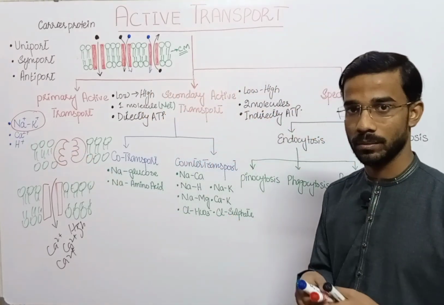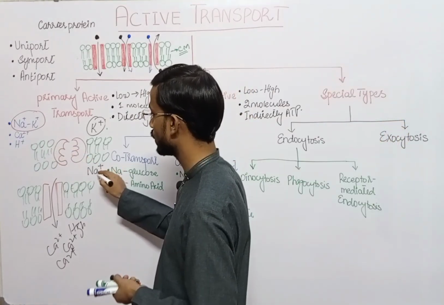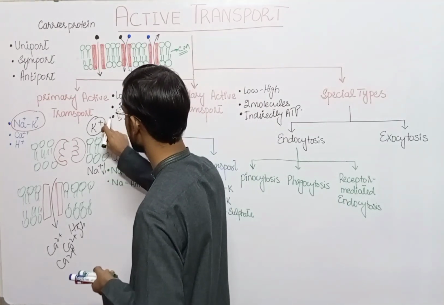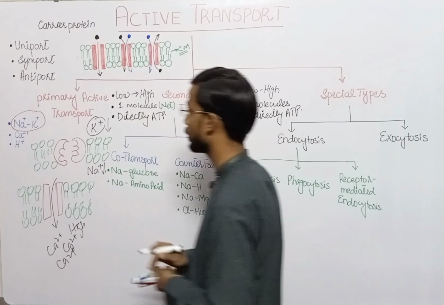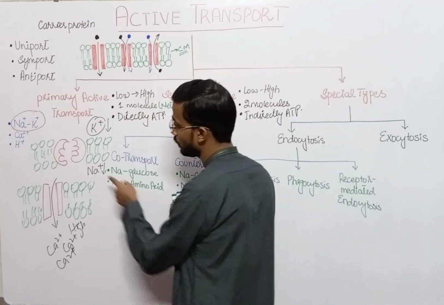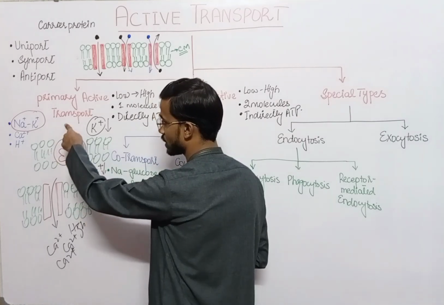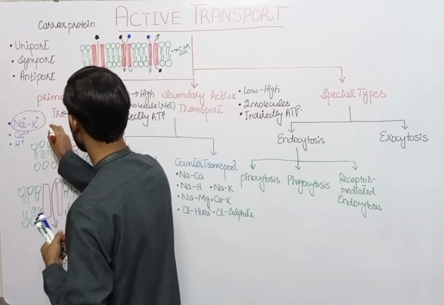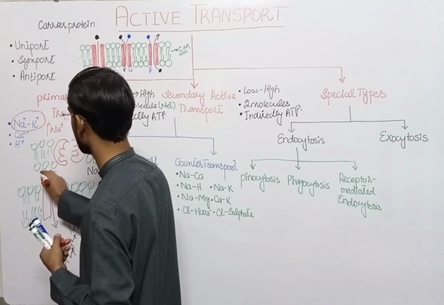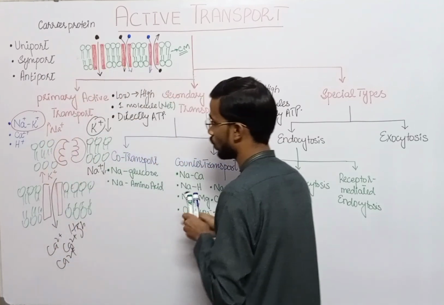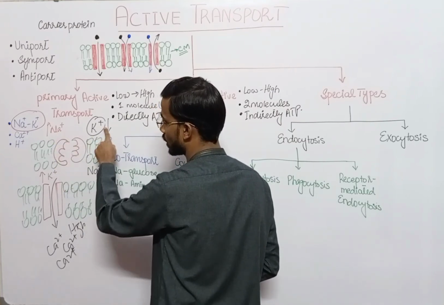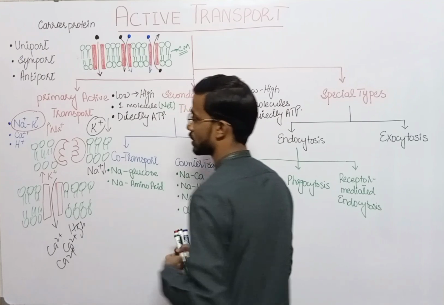The concentration of sodium is low inside, and the concentration of potassium is low outside. So the sodium will move from low concentration to the high concentration, because the concentration of sodium is high outside and the potassium concentration is high inside. Potassium also moves from low to the higher concentration.